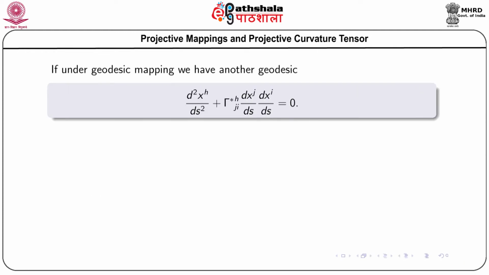So, if under geodesic mapping we have another geodesic, then it will follow this equation d²x^h/ds² plus Γ*^h_ji dx^j/ds dx^i/ds equal to 0.